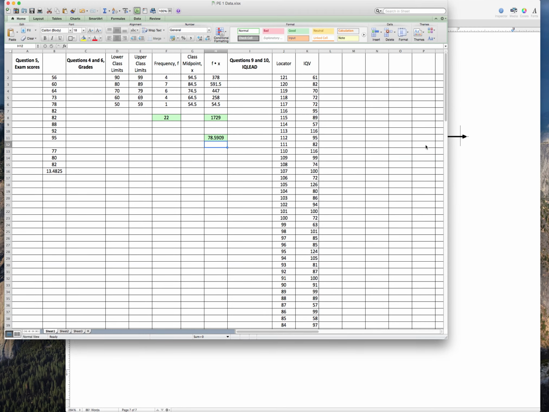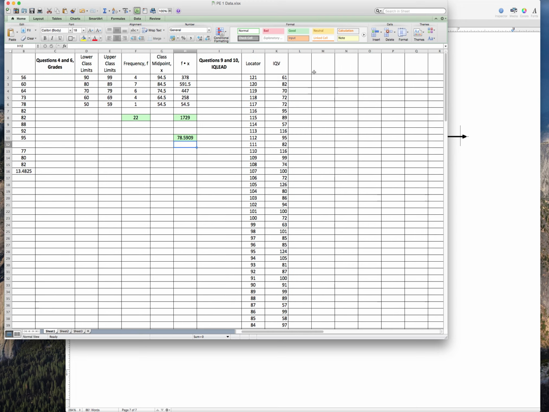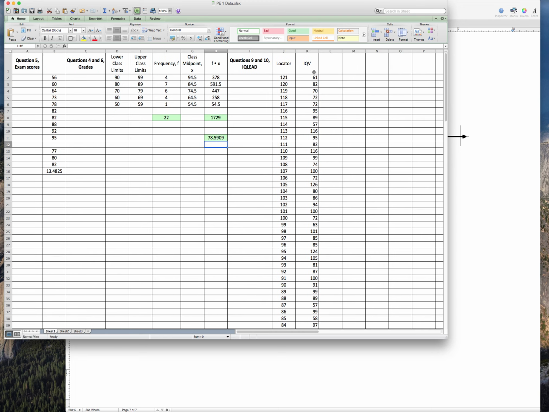So all of this data corresponds to questions 9 and 10. This is from the IQ LED spreadsheet that we used earlier, except this is a different column, IQV. The other was IQF, and this is IQV.